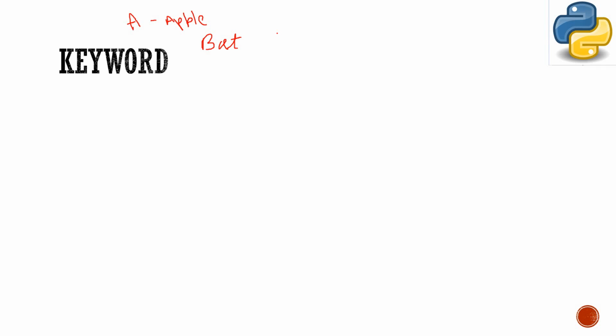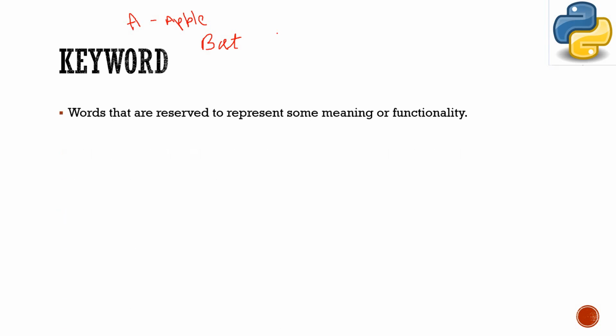Similarly, in a programming language, the predefined or reserved words which have some special meaning or functionality to the compiler and interpreter are known as keywords. Just like in English, we have crores of words, we have a dictionary, we learn new words daily.